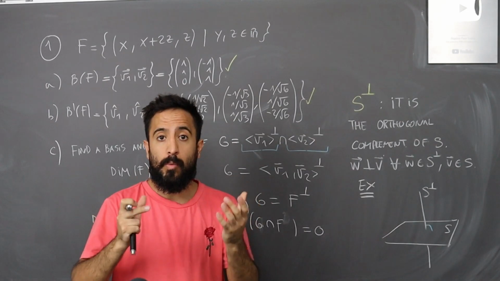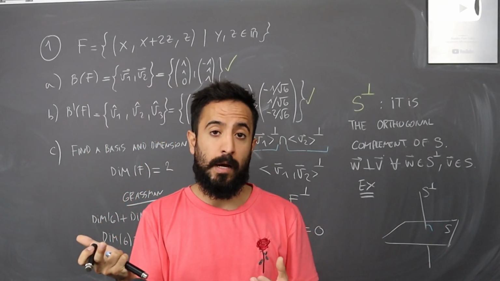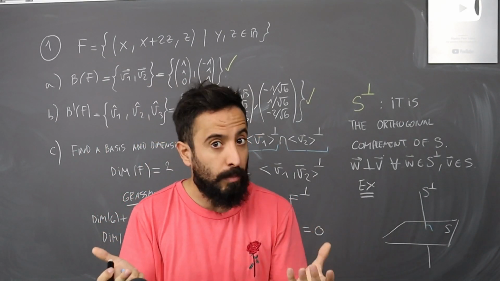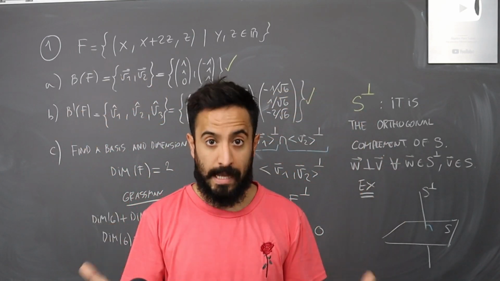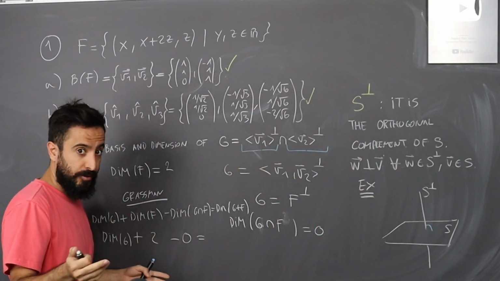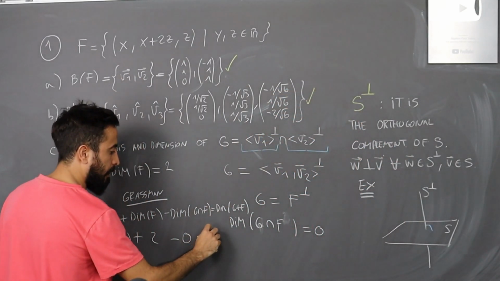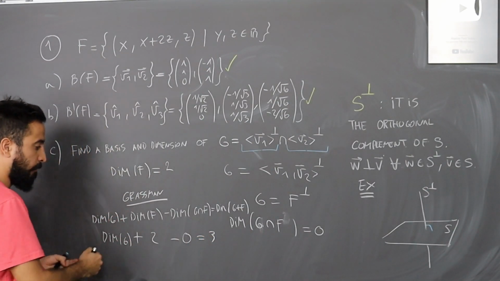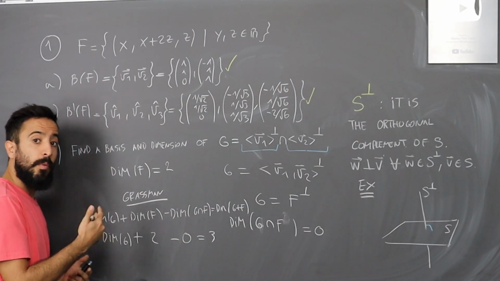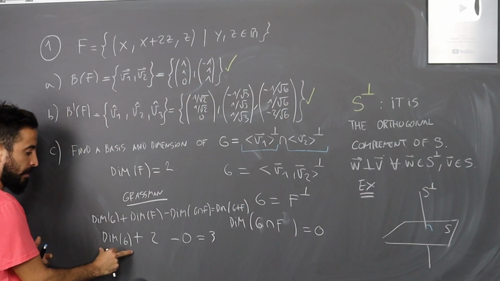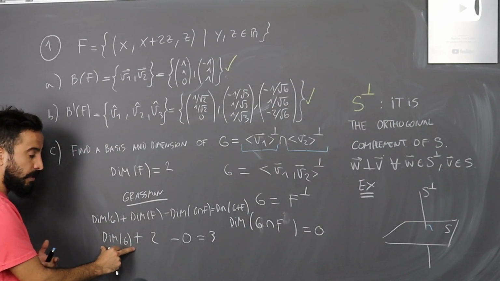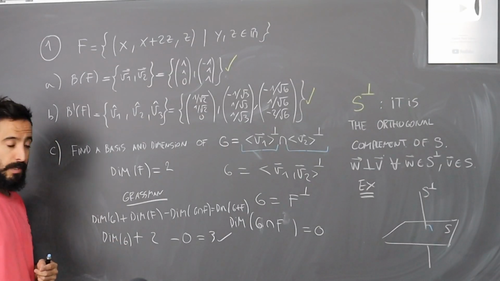Let's remember, when we take one subspace and we add the orthogonal complement, we get the whole space, right? So we get R3. And the dimension of R3 is 3. So if we take a look at this, we have an equation that will allow us to get the dimension of G, right? The dimension of G should be 1. So we have the dimension of G.